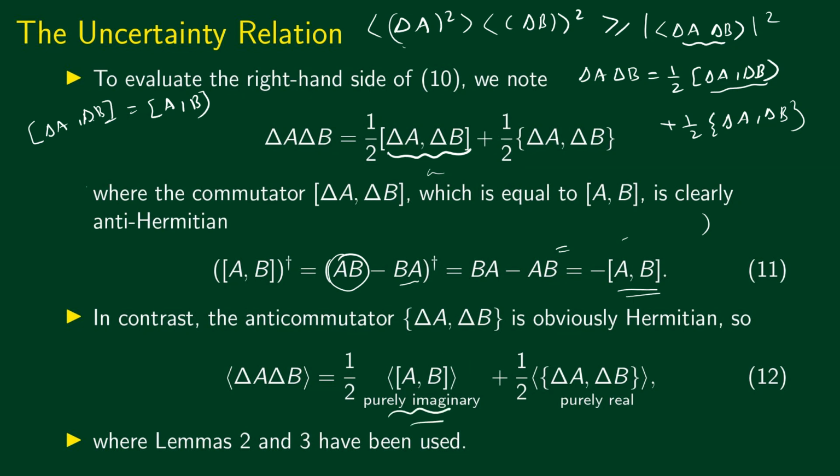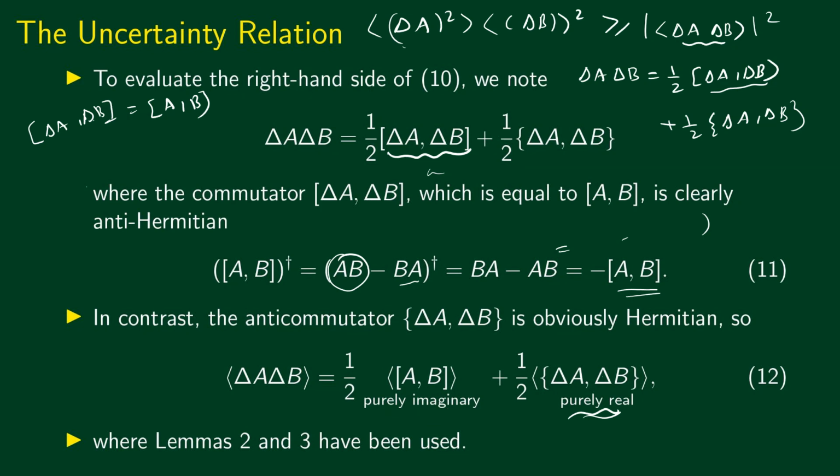Since the commutator of A with B is an anti-Hermitian operator, this expectation value is purely imaginary. Similarly, whatever appears here is a Hermitian operator, so its expectation value is purely real.